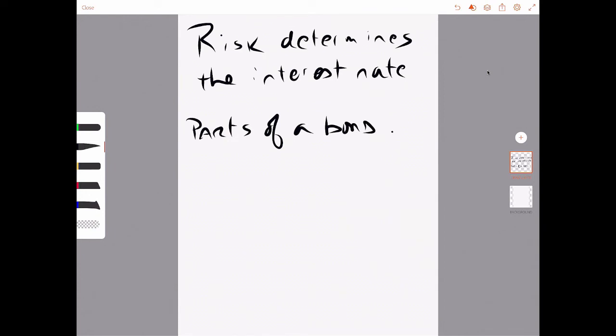A bond is just a piece of paper. It's just an IOU. But on the bond, you have certain information that's really important. One of the things on the bond that's important is something we call the par value.